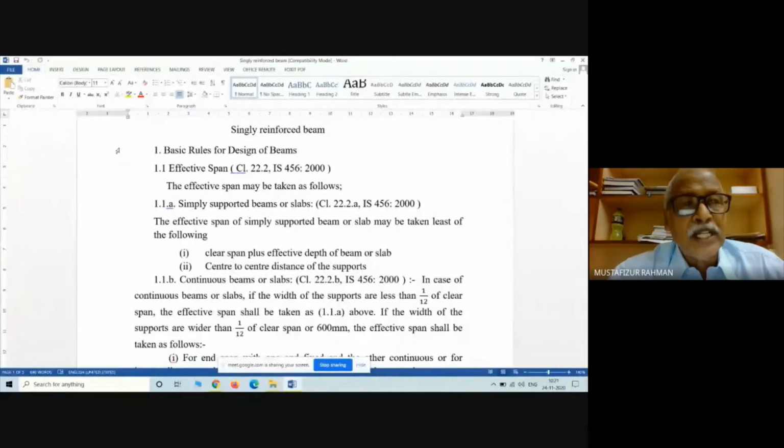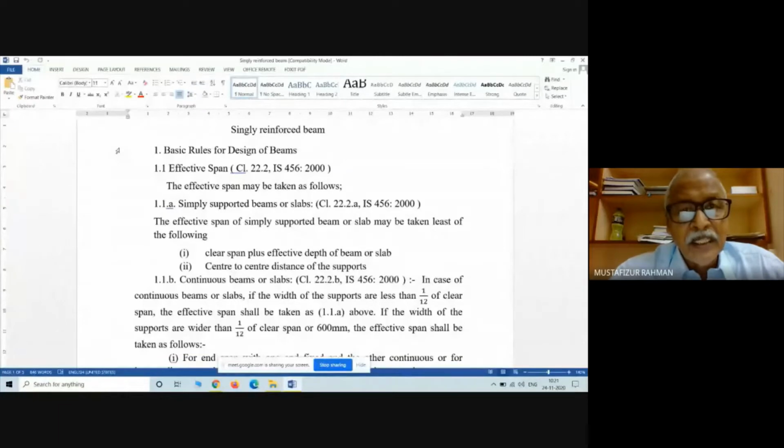So now two terms come: clear span, total span, effective span. If it is a single span beam, then total span is the distance between outer to outer face of the column.